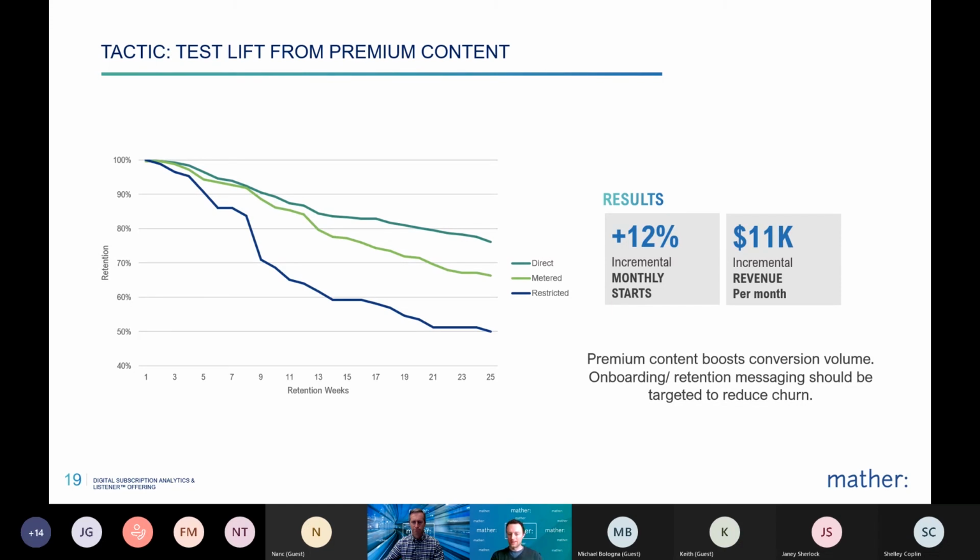If you do have premium content, a meter, or email campaigns, the way that a customer converts should impact how they're onboarded and how they're treated after the fact. So again, it's about using the entire collection of data and insights to manage both content, acquisition and retention, and do that in a singular strategy.